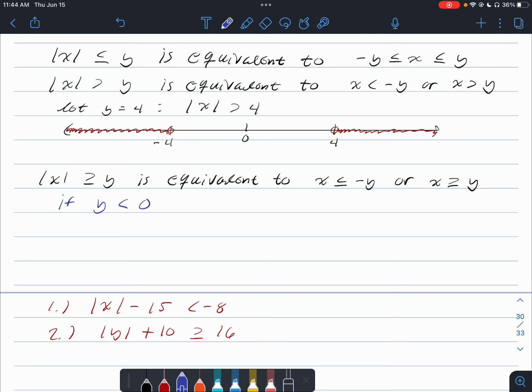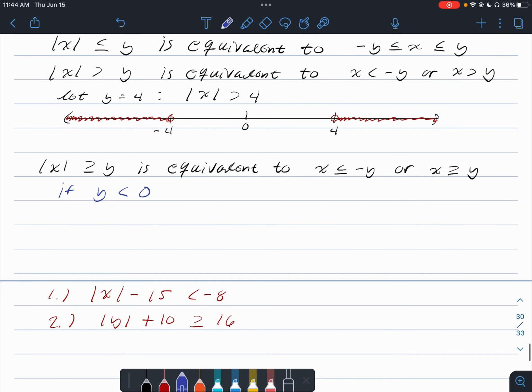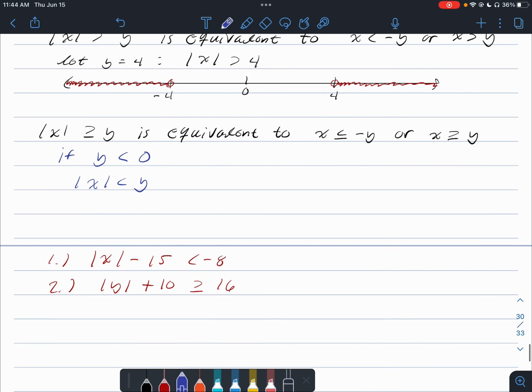If y is less than 0, then the absolute value of x strictly less than y and the absolute value of x less than or equal to y have no solution. And again, you can think of this intuitively.